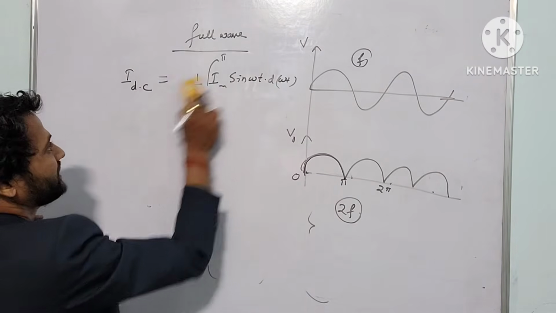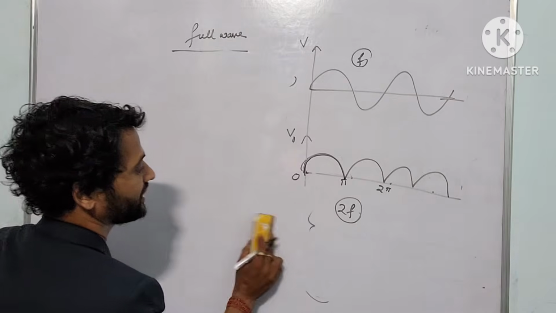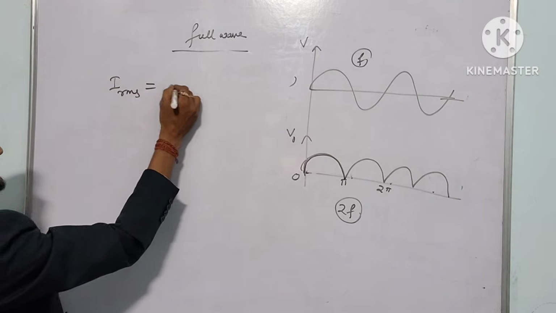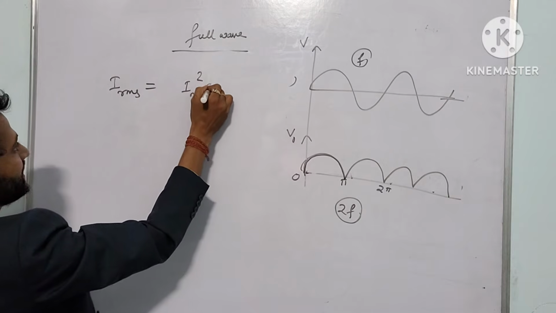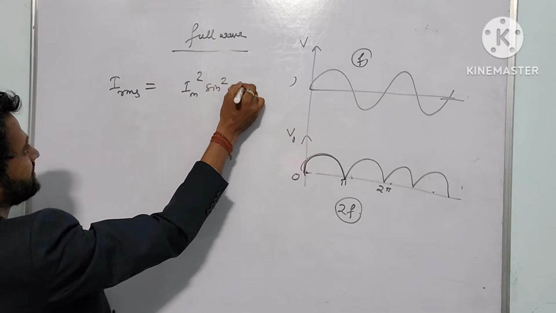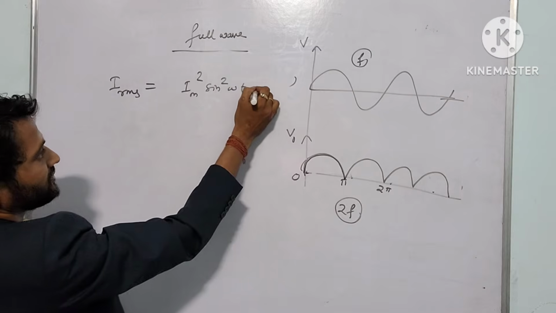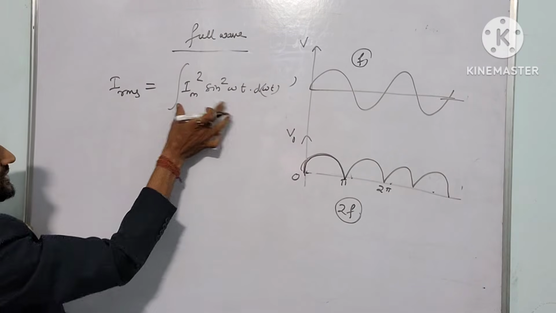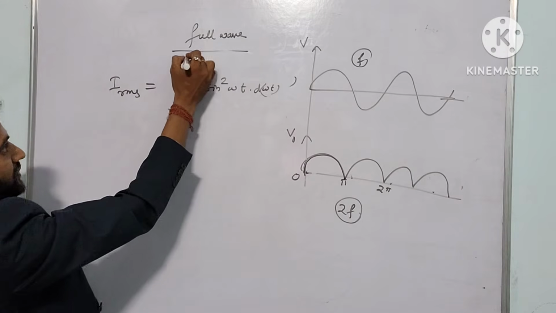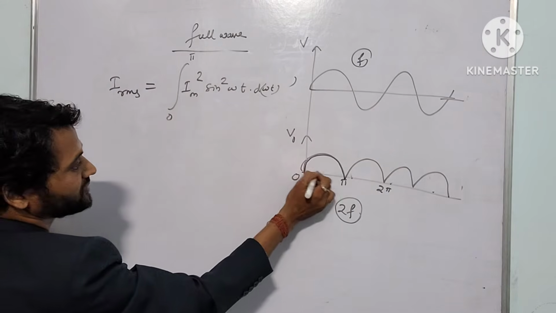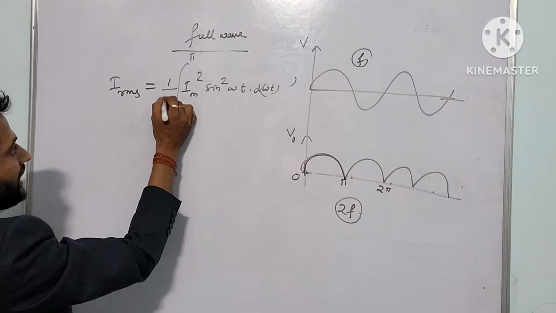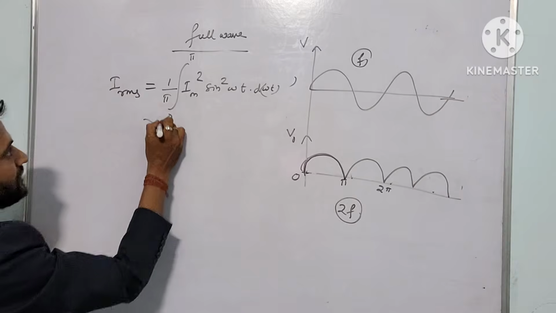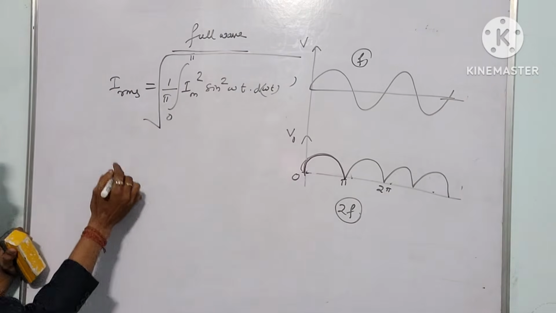Similarly, to get the RMS current for the full wave rectifier, we take the square of that instantaneous equation, which will be Im square sin square omega t. First we take the square, then we take the mean. That means you sum that quantity from 0 to pi, and to get the mean you divide by pi, then finally we take the root, right?